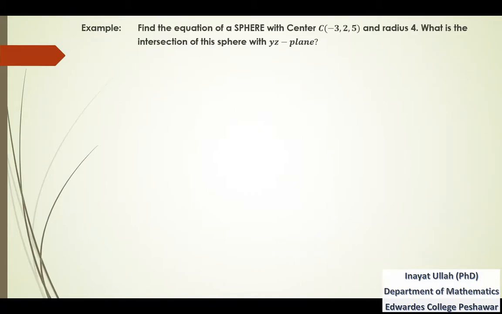Now in this slide we are going to find the equation of a sphere. Find the equation of a sphere with center (-3, 2, 5) and whose radius is 4. That is the first part of this example. Now concentrate on this part. Given that the center, which is actually (h, k, l), which we studied in the previous slide, is given to you as (-3, 2, 5).